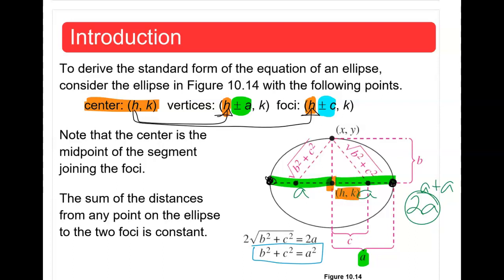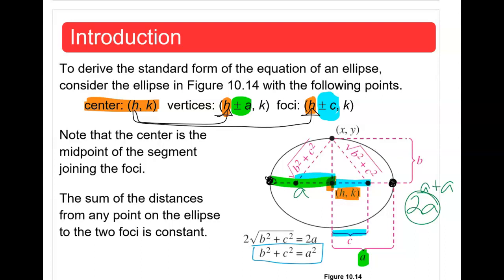And so c is actually going to be, I'm just going to delete some stuff here. So c, remember, that's what we need to find the foci. It's going to be the distance from the center to the focus, to one of them. So the distance from here to here will also be considered c.